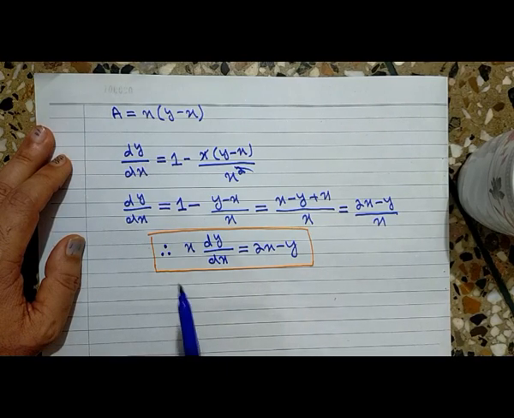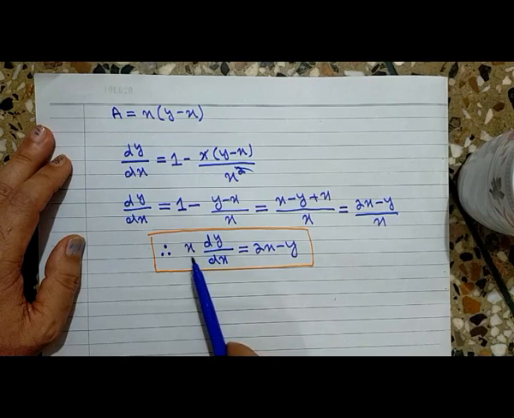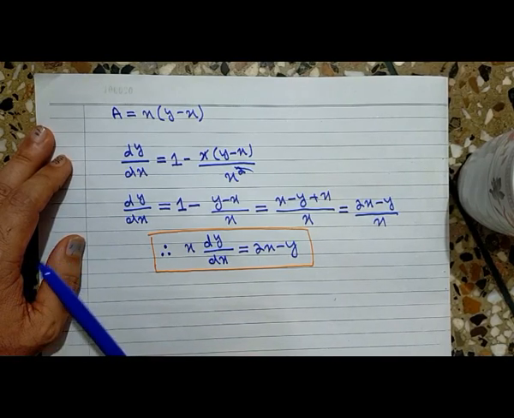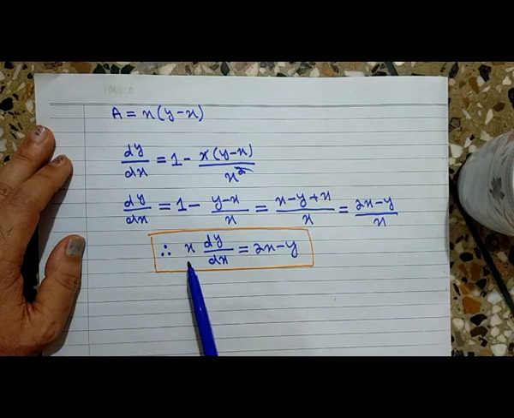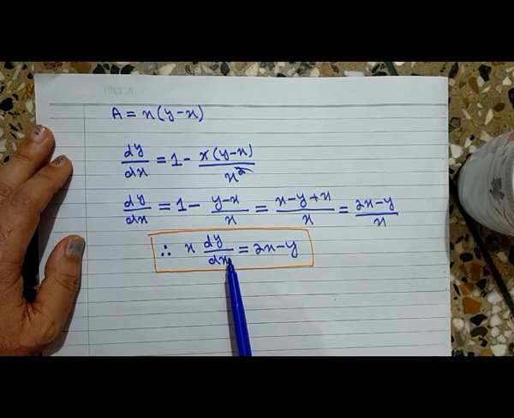Yeah, because the highest derivative involved in this differential equation is this first derivative of y with respect to x. So the original equation contained just one arbitrary constant, and when we tried to obtain a differential equation out of that, the result is a first order differential equation.